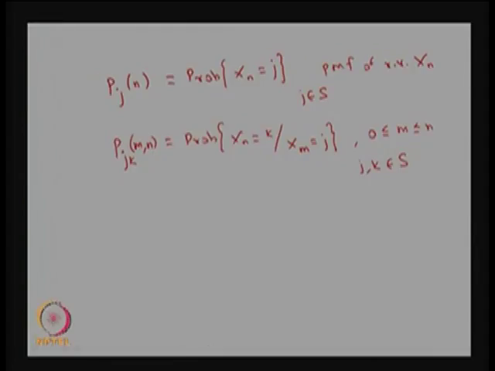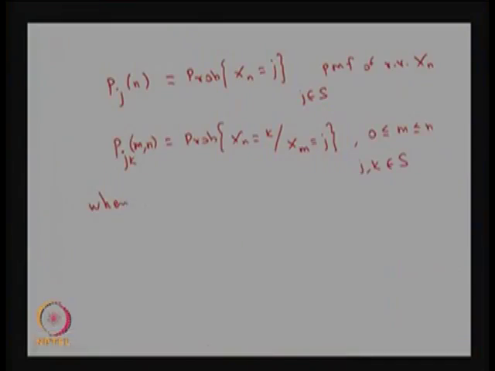So, this is the probability that the system makes a transition from the state j at step m to the state k at step n, and this is called the transition probability function of the discrete time Markov chain.